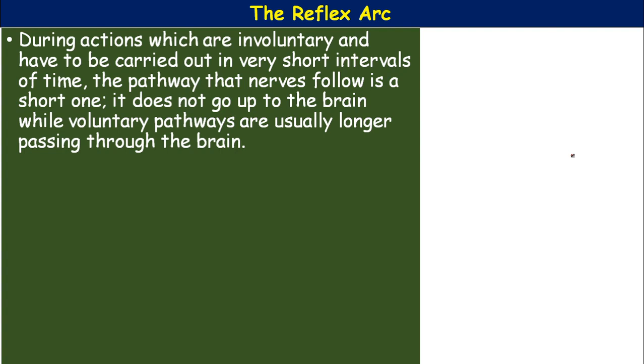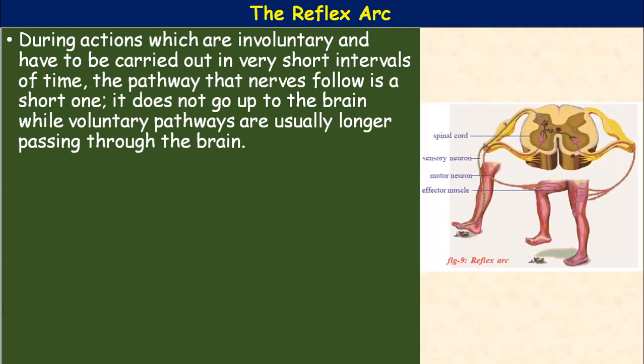What does it mean? Involuntary actions are carried out in the body in very short intervals of time. They are carried out in very little time. They are not carried to the brain. Whereas the voluntary pathways are very long, passing through the brain. The brain is involved in voluntary actions.